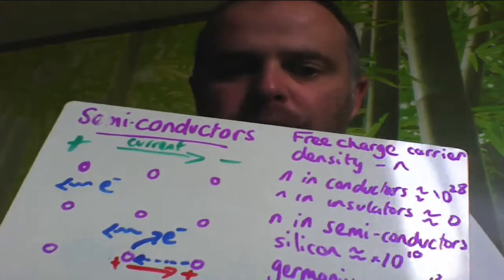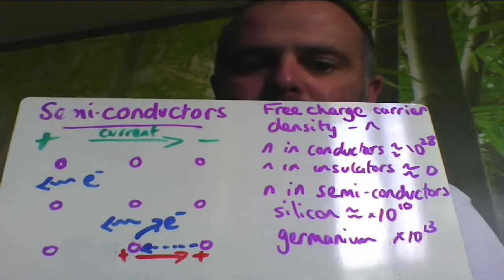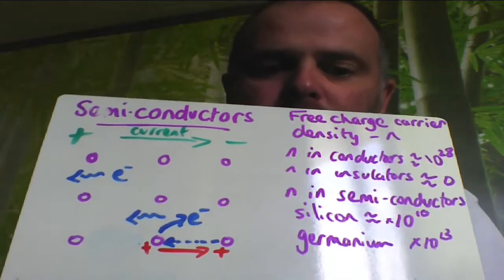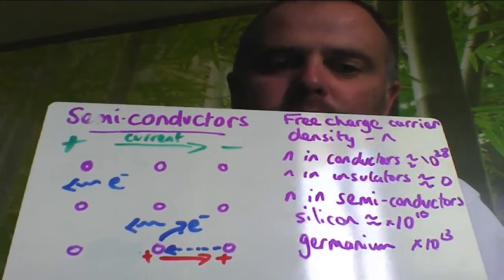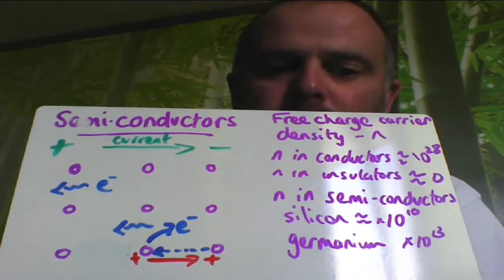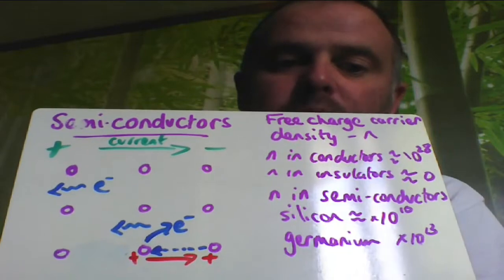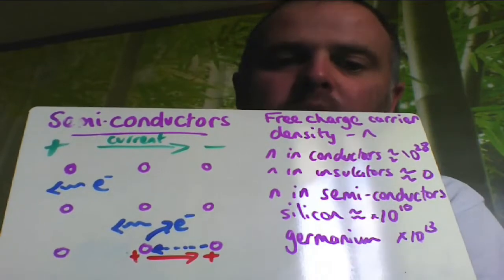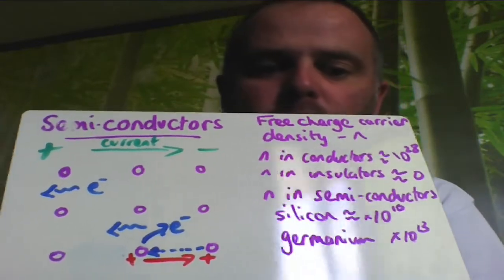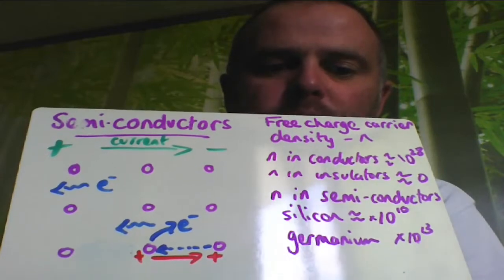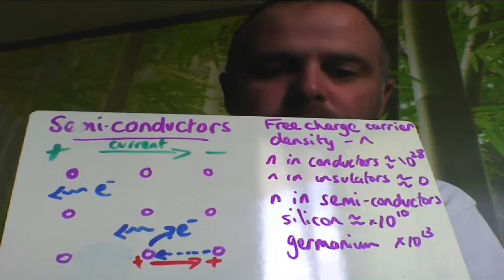So if we're freeing up just a few electrons in the lattice, I get a big increase in the amount of current that can be carried by the silicon, and hence a reduction in resistance, which is what brings me to what thermistors and light dependent resistors do.